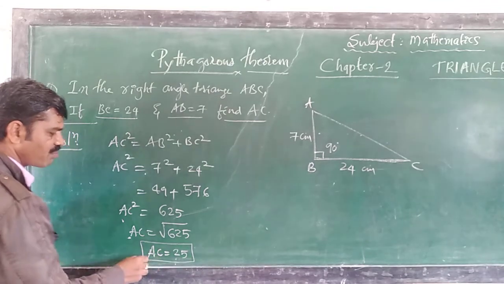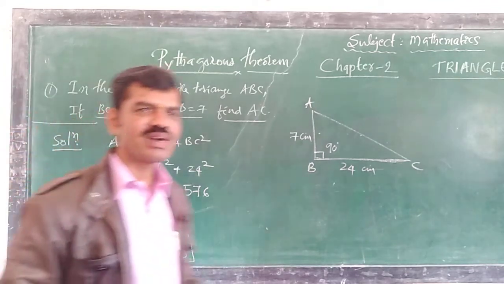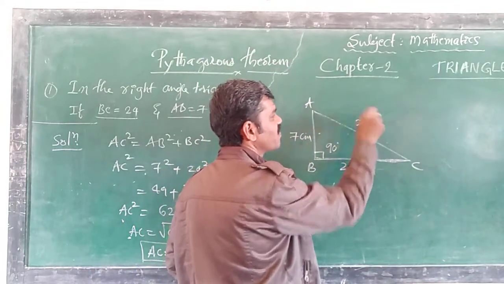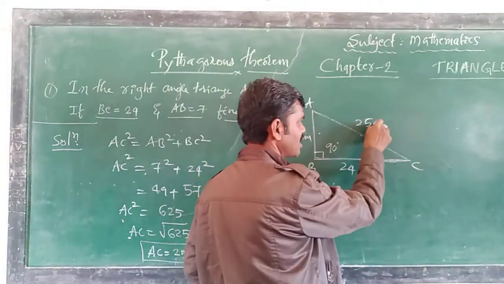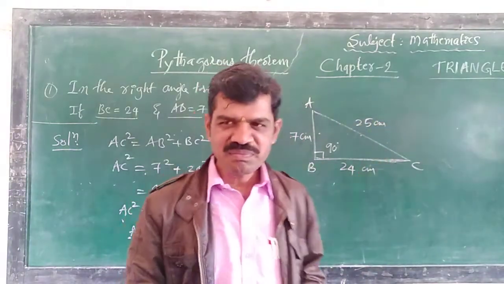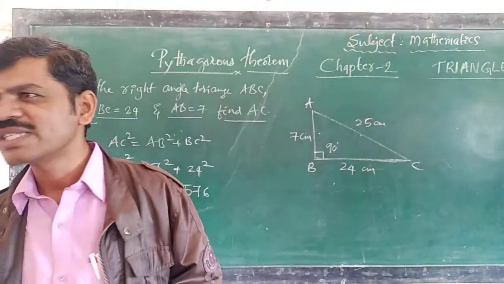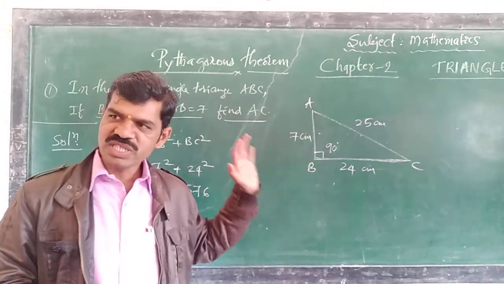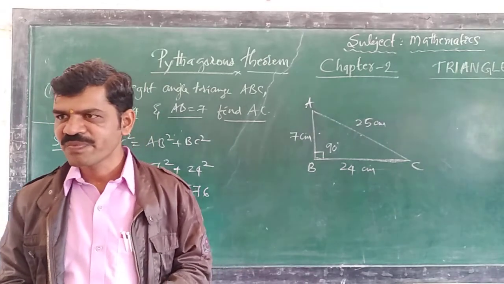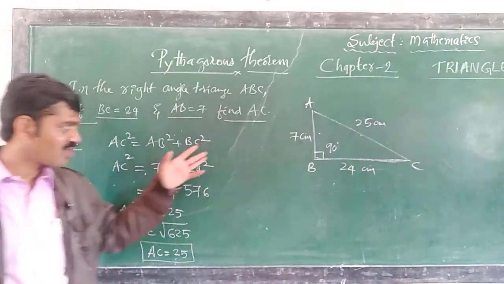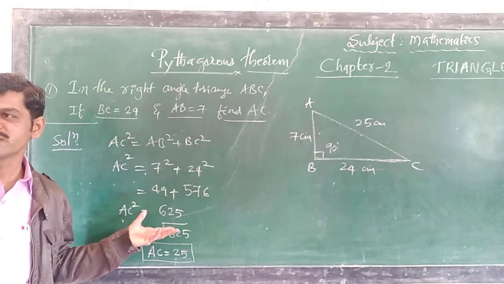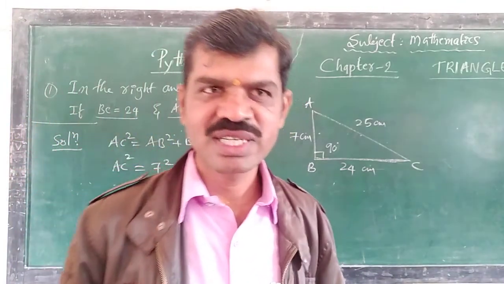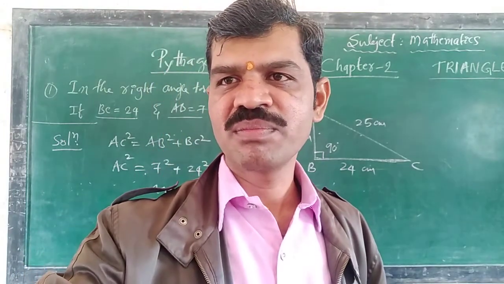We take only the positive value. So the value of AC is 25 centimeter. This is a very simple problem in this Pythagoras theorem. You need to understand this very nicely. If you understand how to use this formula in the question, you can solve the remaining problems in the textbook. Come on, let us solve the next problem.